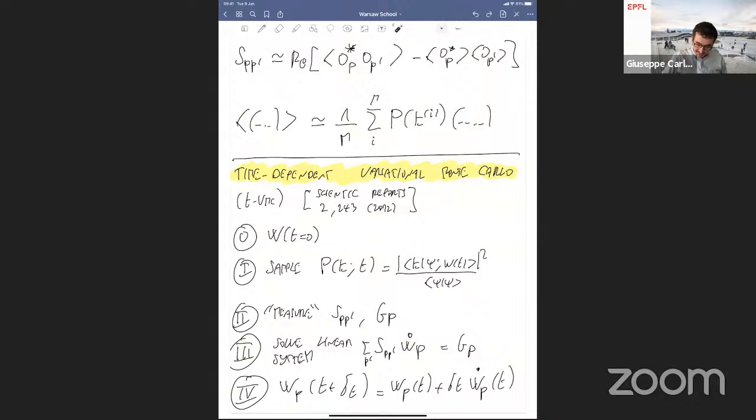Okay, so then I would go down now at time t plus delta t. I would sample again, measure, and continue until I reach the final time of my time evolution.